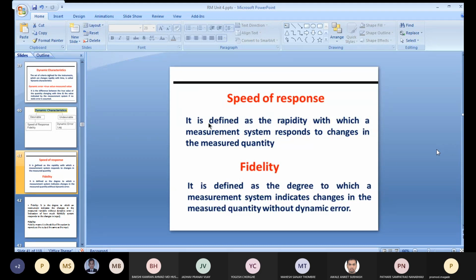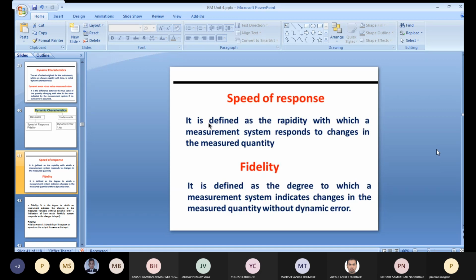Suddenly a speed breaker comes, so the speed of response changes, correct? Suddenly from fourth I have to shift to second gear to slow the bike. That's why speed of response is an important parameter in dynamic characteristic. So this is just about the speed of response.